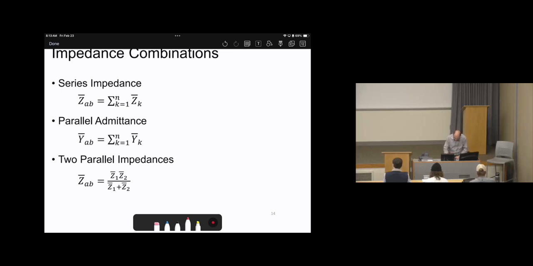Let's assume we have Z1 bar like this. We have 10 ohms, we have J8 ohms. Then the other, we have Z2 bar, 15 ohms, negative J2 ohms.